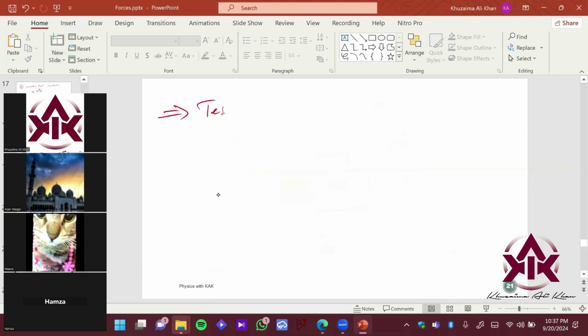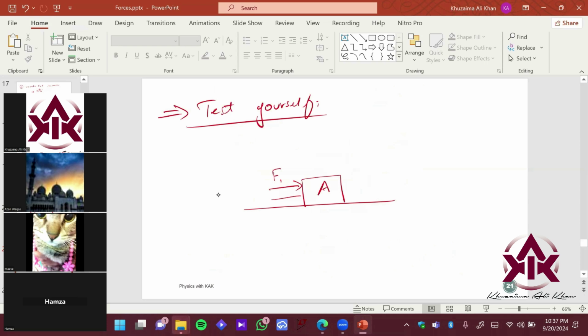Test yourself. You have this block A, and these are the forces acting on this block: F1, F2.